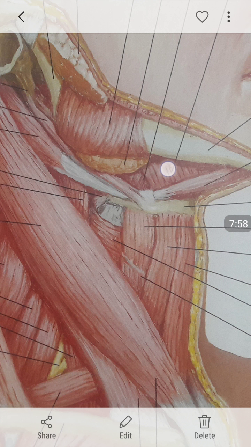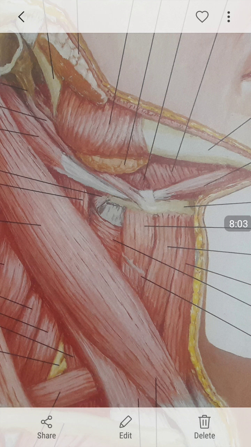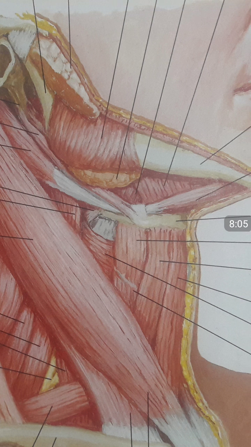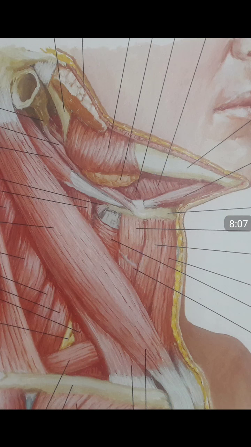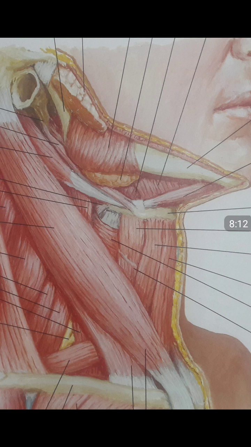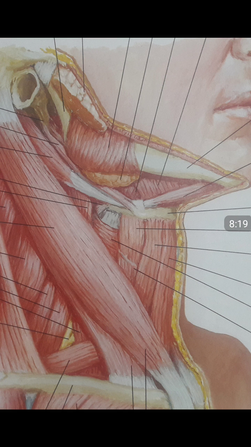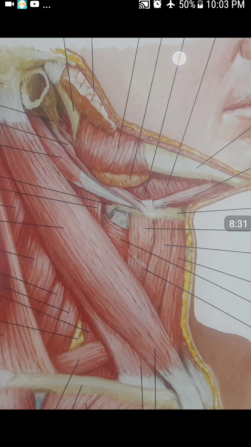Here is the mylohyoid, which is the floor of the submandibular triangle, and here you can see the hyoglossus muscle, which also forms the floor of the submandibular triangle. So this was a brief overview of the triangles of the neck. In the next video I will be covering the contents of these triangles. Thank you very much.